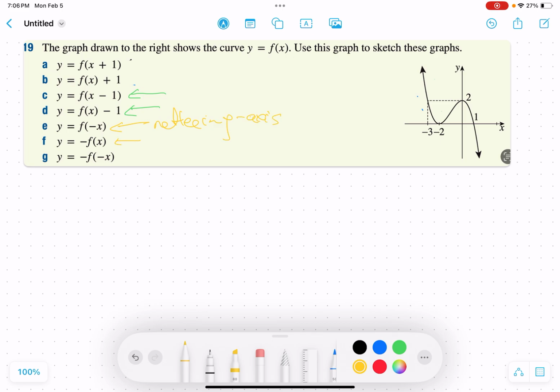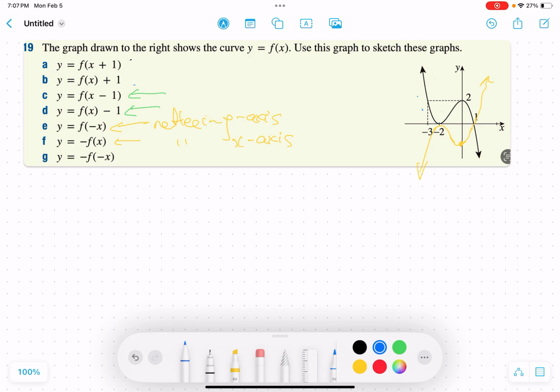Whereas when the negative's out the front, it's a vertical movement, so it's a reflection in the x-axis. Looking at F first is easier, a reflection in the x-axis. It's got to go through 2 here, got to go through 1 here, so that's easy. F's much easier, reflection in the x-axis.